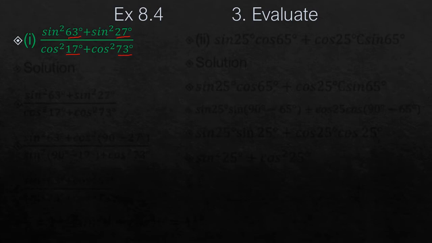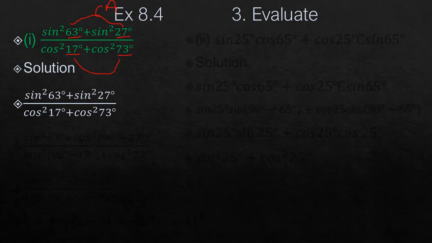If you think carefully, you will find that these are complementary angles. So it means we have to use the formula of trigonometric ratios of complementary angles, that is 90 degree minus theta formulas.